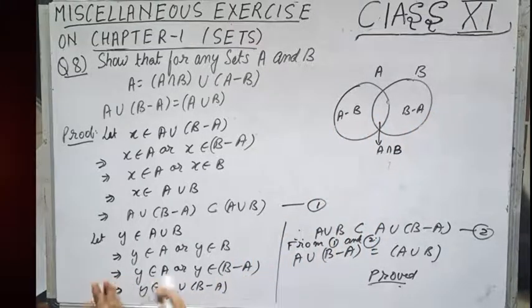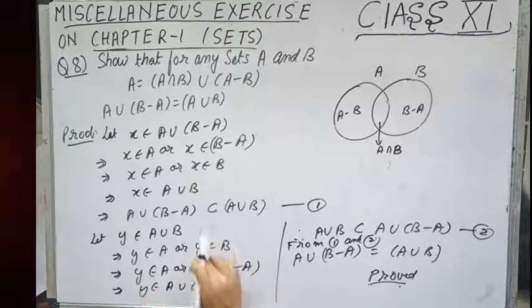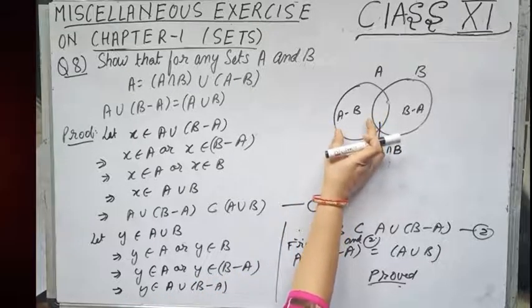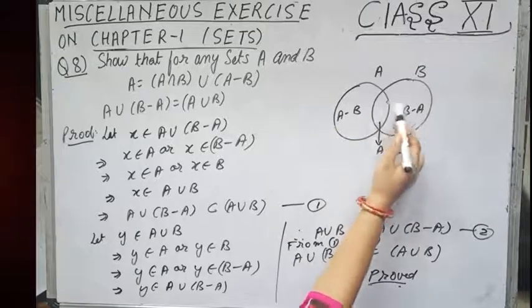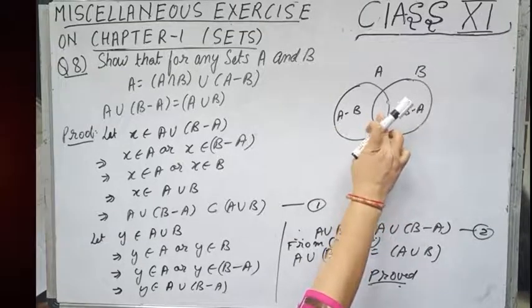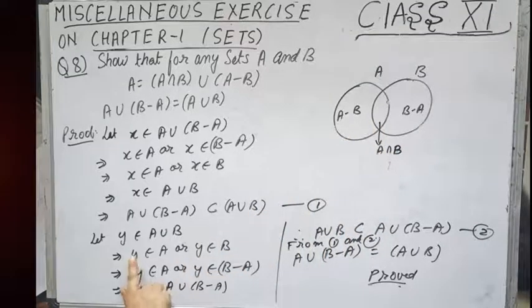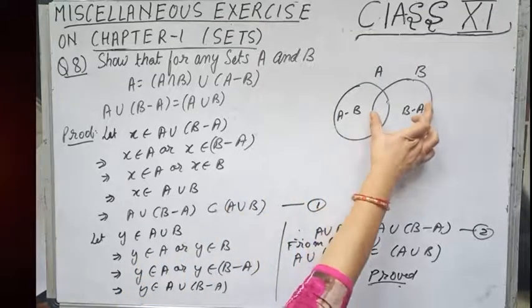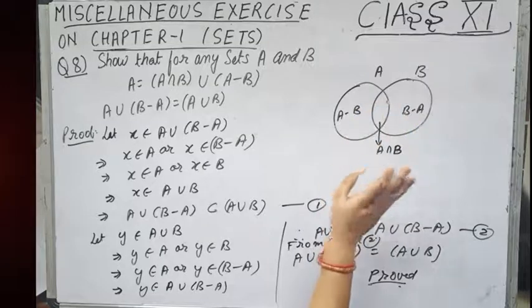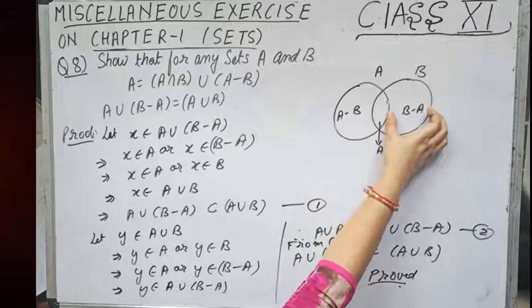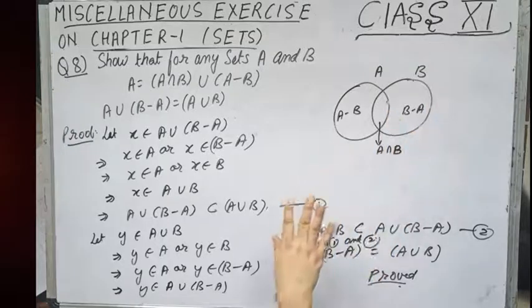So if I write this step as y belongs to A or y belongs to B minus A, it is implying this. The portion A is the portion A minus B as well as some portion of B, that is A intersection B. So if I say that the element y belongs to A or to B, it is equivalently the same statement as it belongs to A or B minus A. I think you understand this step.